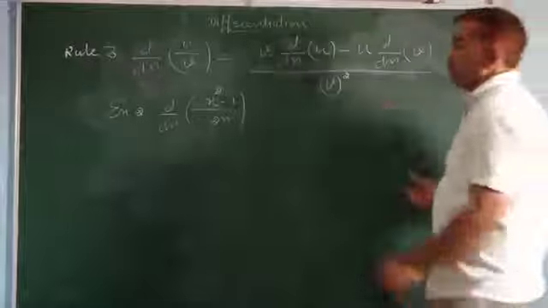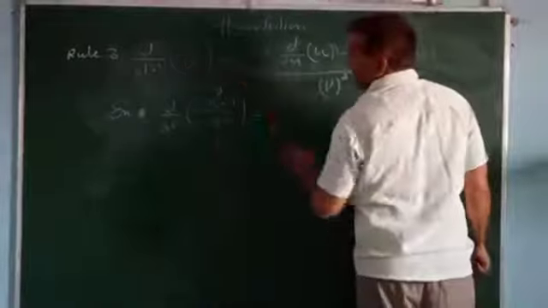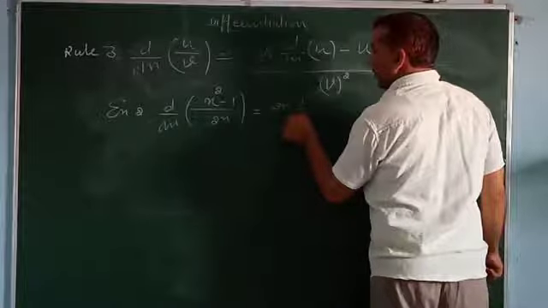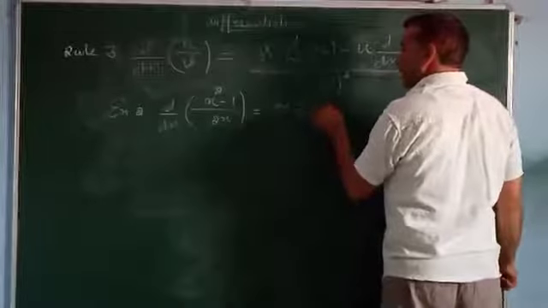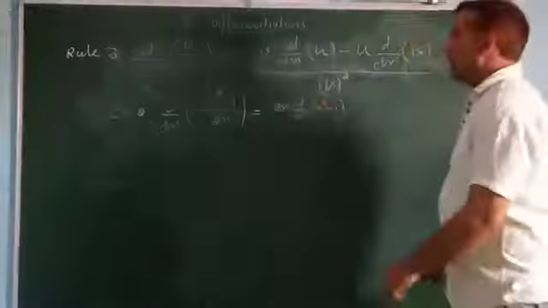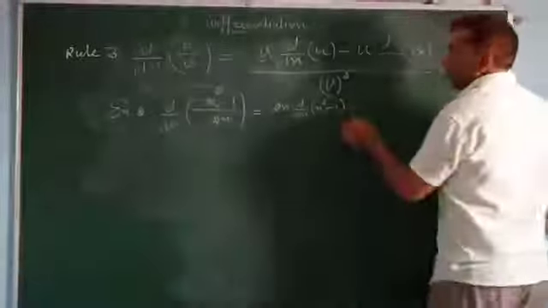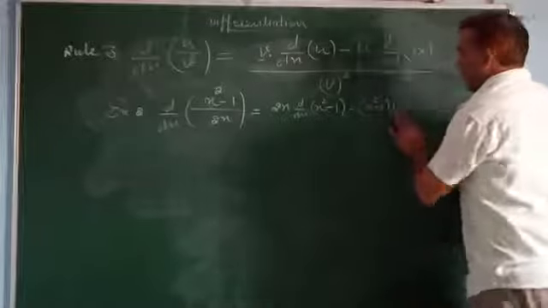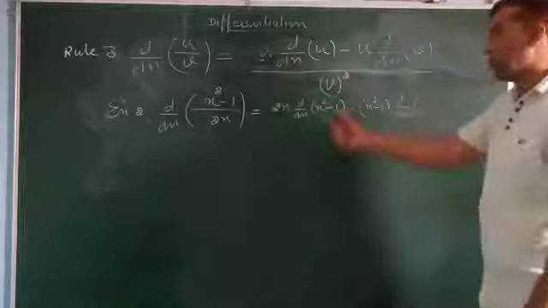Let us do. This will be equal to denominator as it is. It means 2x as it is into derivative of numerator, that is x square minus 1, minus numerator as it is, that is x square minus 1, into derivative of denominator, that is 2x.